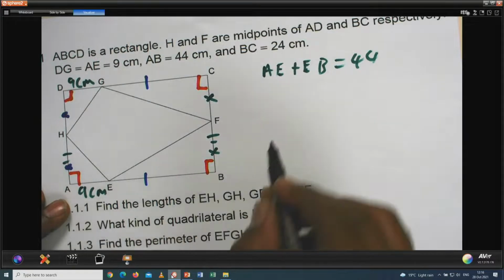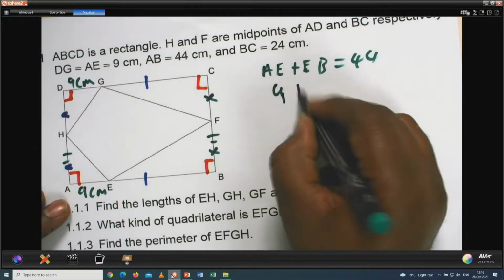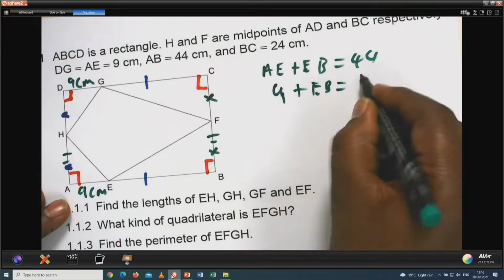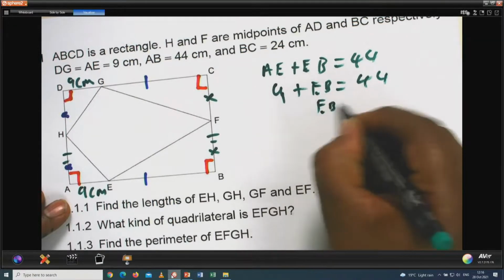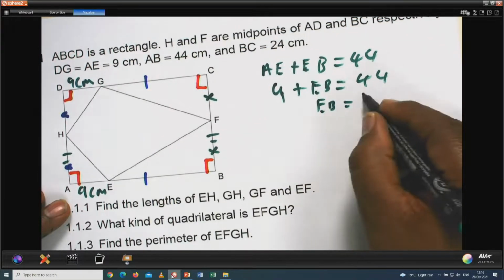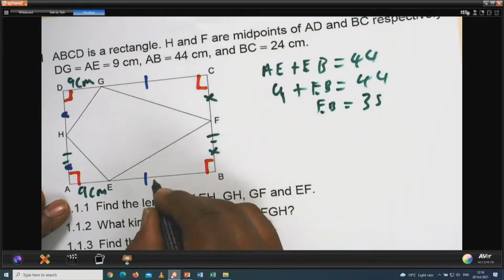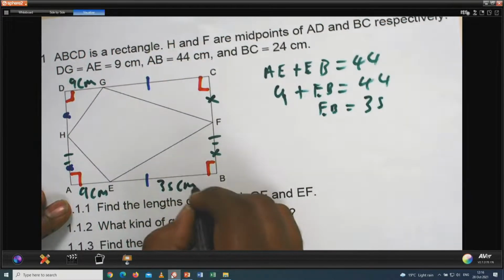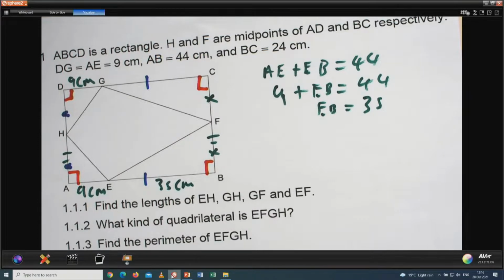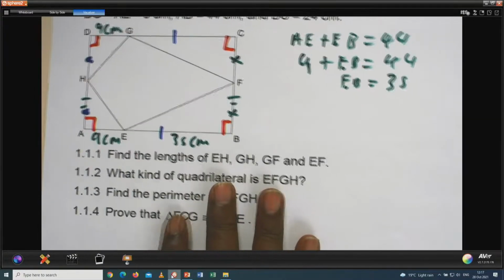So AE is 9 centimeters, then you'll be able to get your EB. Your EB will be equal to 35. So this is 35 centimeters. So I've got that kind of information already, and I've assisted you now.